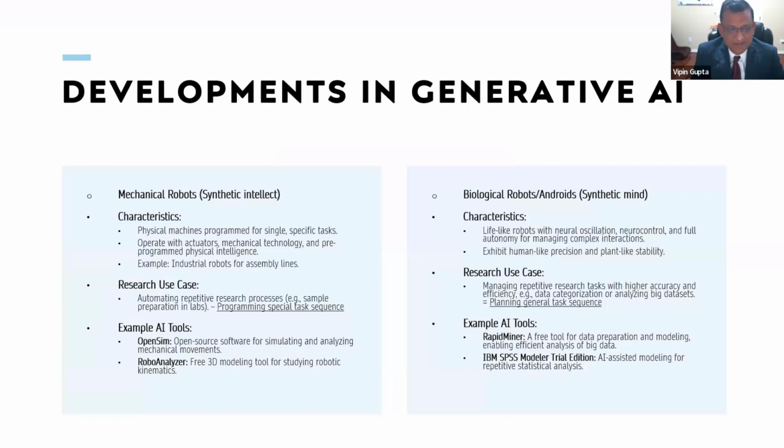The very first phase was the phase of mechanical robots. The goal was to synthesize the intellect by looking at how human beings work, how nature works, how different animals, plants, and everything works, and program machines to do specific tasks, to actually actualize that work.